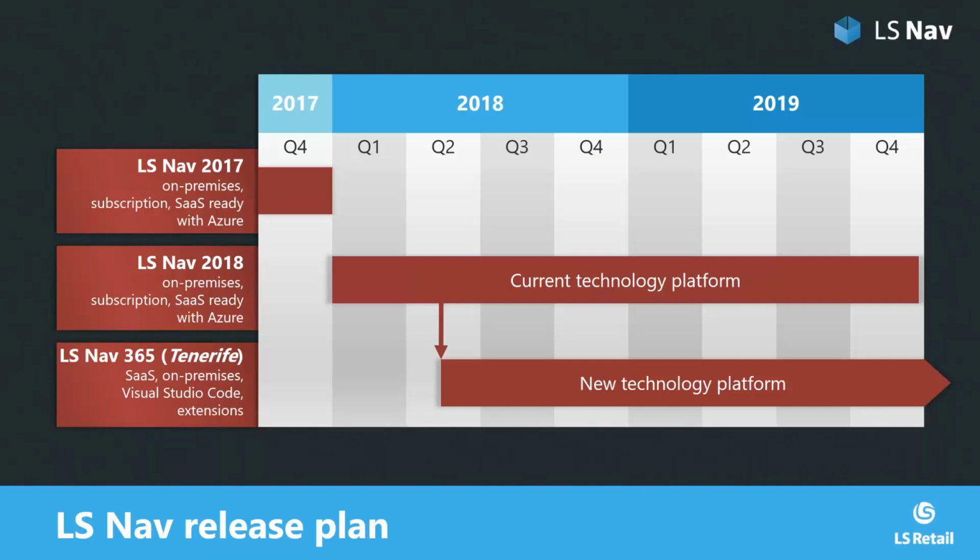So if you're thinking about installing LS Nav 2018, don't hesitate to implement 2018. But what I would ask you to do is not to modify the standard NAV code and the LS Nav code, but use the event technology, which gives you the ability to keep your customization and new functionality separate, using events to interact with the code to give you the same experience as you would changing the code.